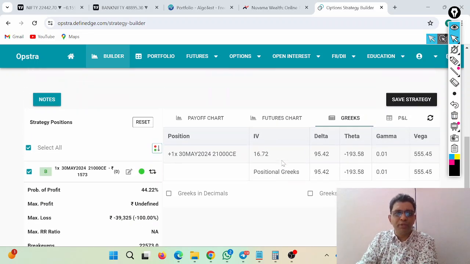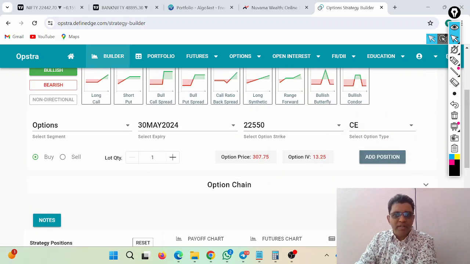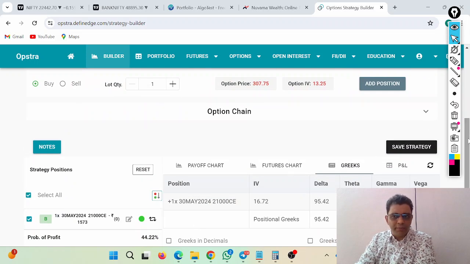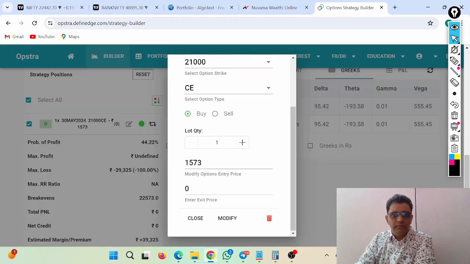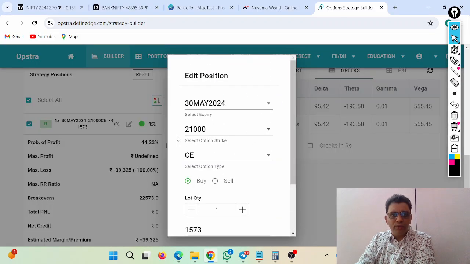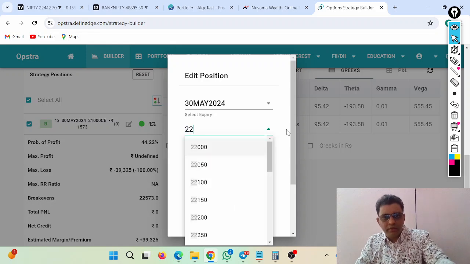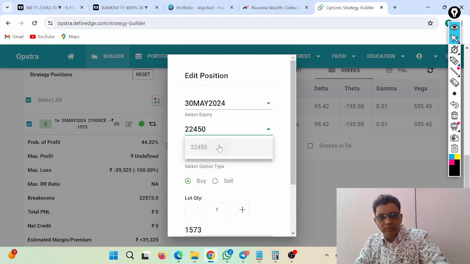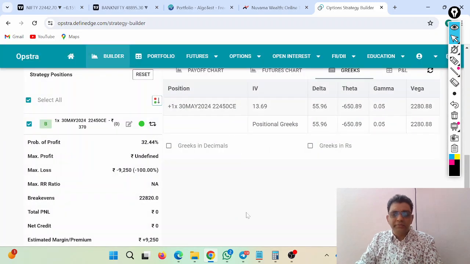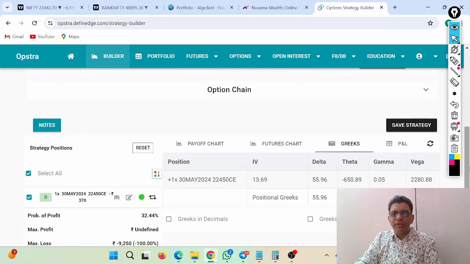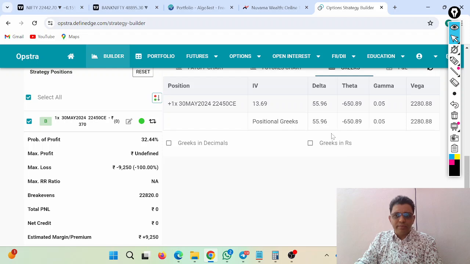Again, let's take one more example, of at the money. Let's assume that I am buying 22,450 at the money, and its delta is 55.96, which is close to 50.